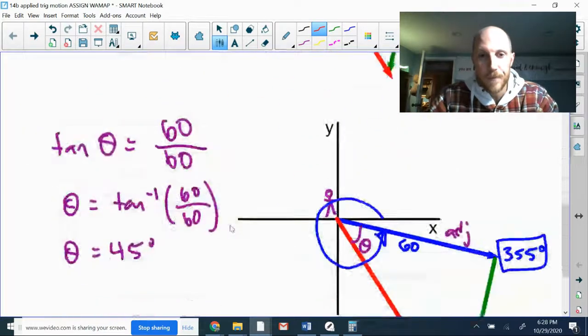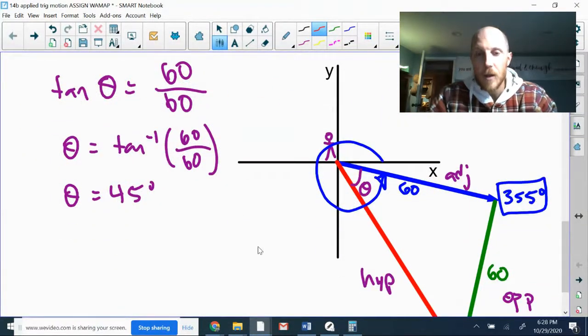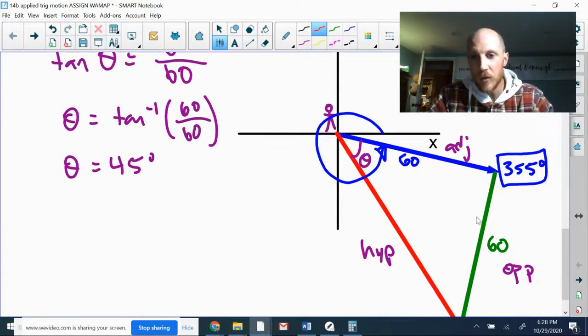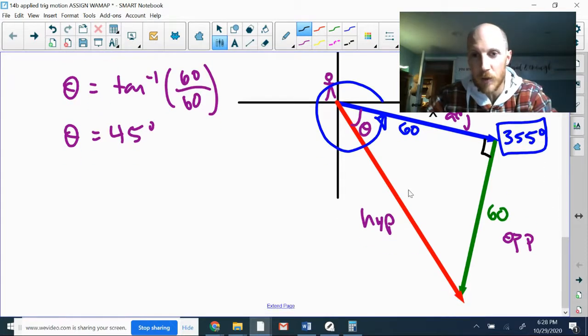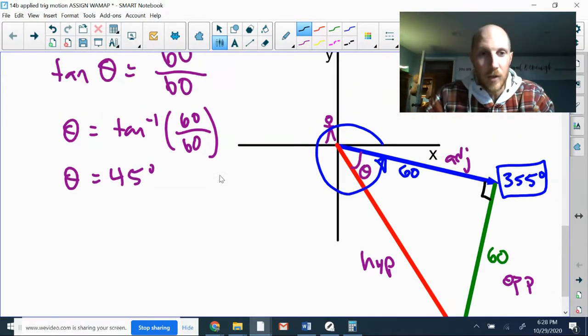What about the angle? Since I know this is a right triangle, I labeled my sides. Opposite, adjacent, hypotenuse are all labeled on my diagram over here. I know the opposite side and the adjacent side. In this case, I need to find that angle inside the triangle.